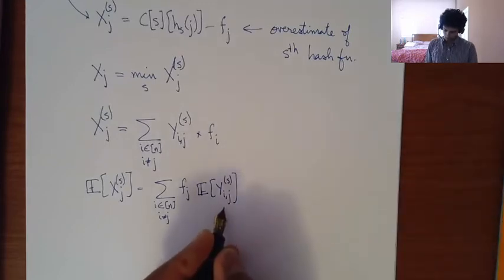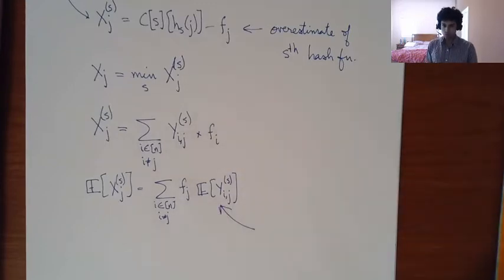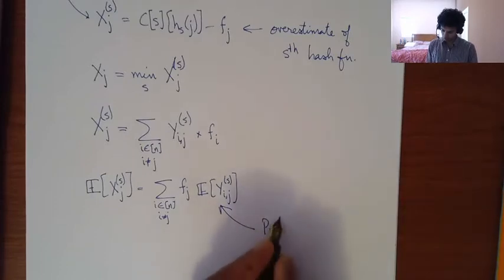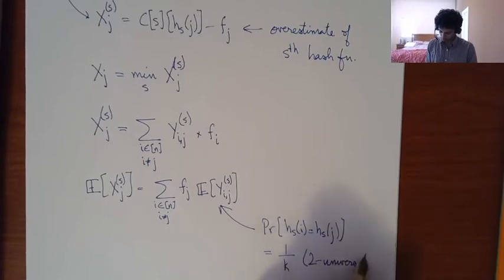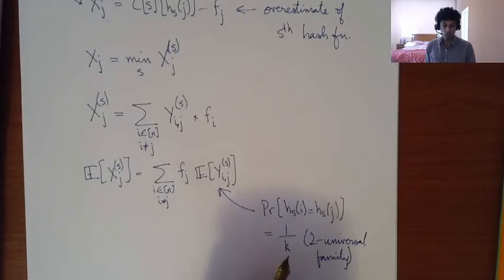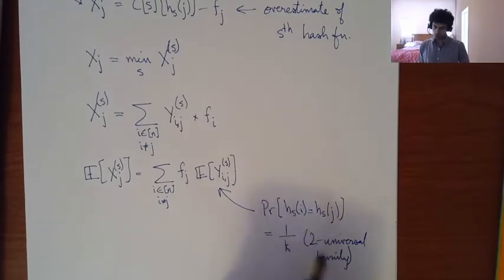Now let's look at what this is. This is simply the probability that hs of i is equal to hs of j, and this is exactly 1 over k because it's a 2-universal family. All I need is 2-universality, because conditioned on the choice of hs of j, the probability that hs of i has that same value is just 1 over k.